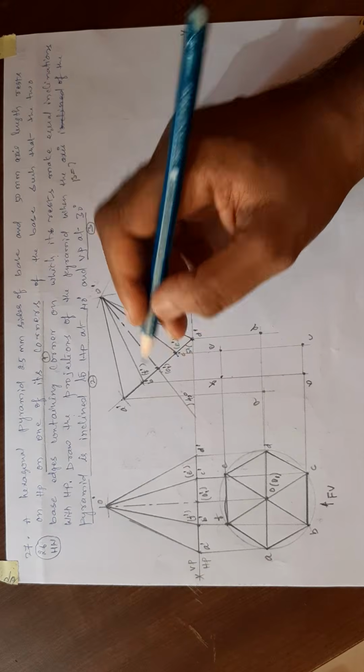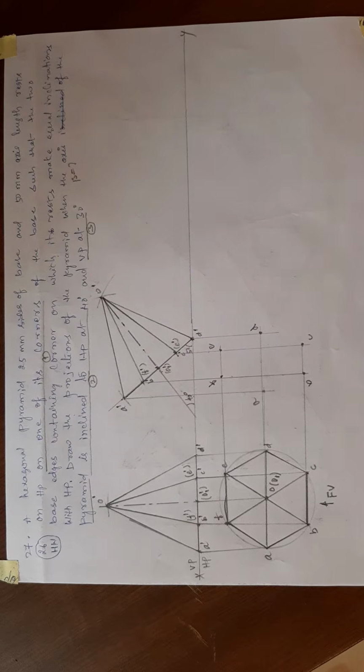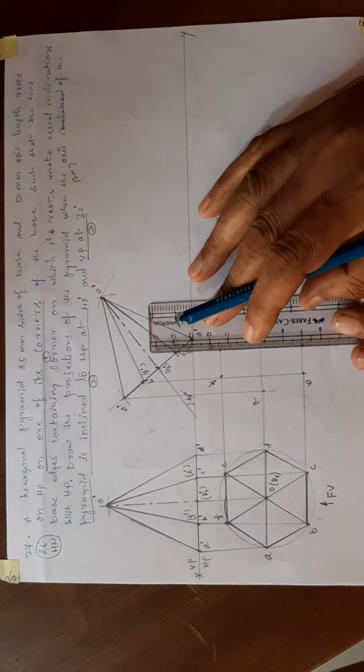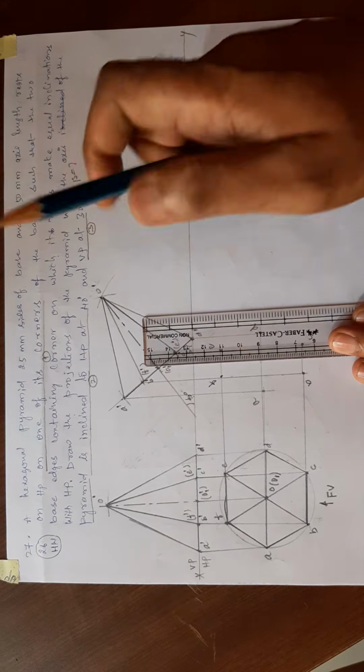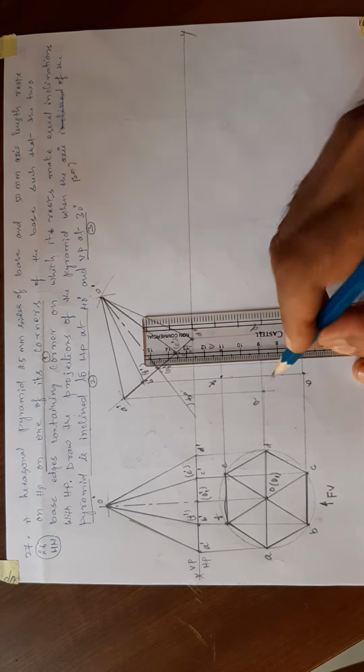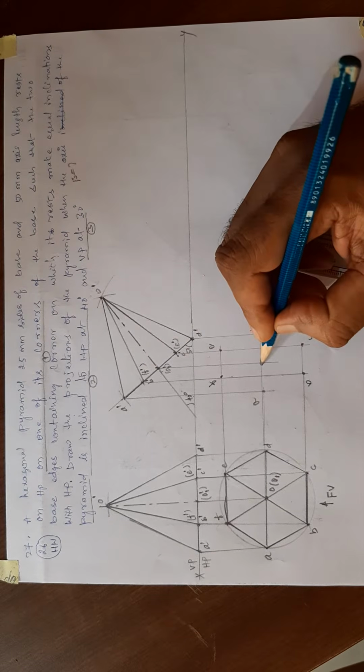Finally the center point. A vertical projector line from O1 dash and a horizontal projector line from O1.